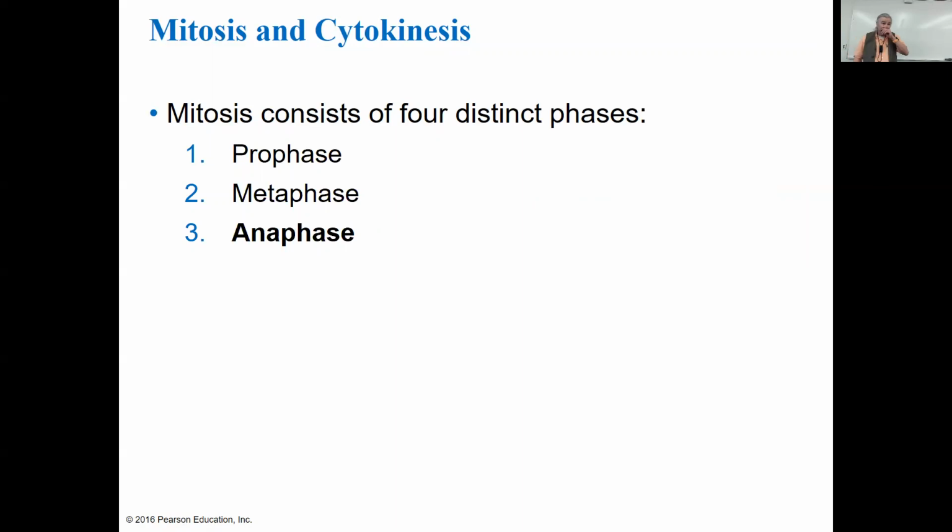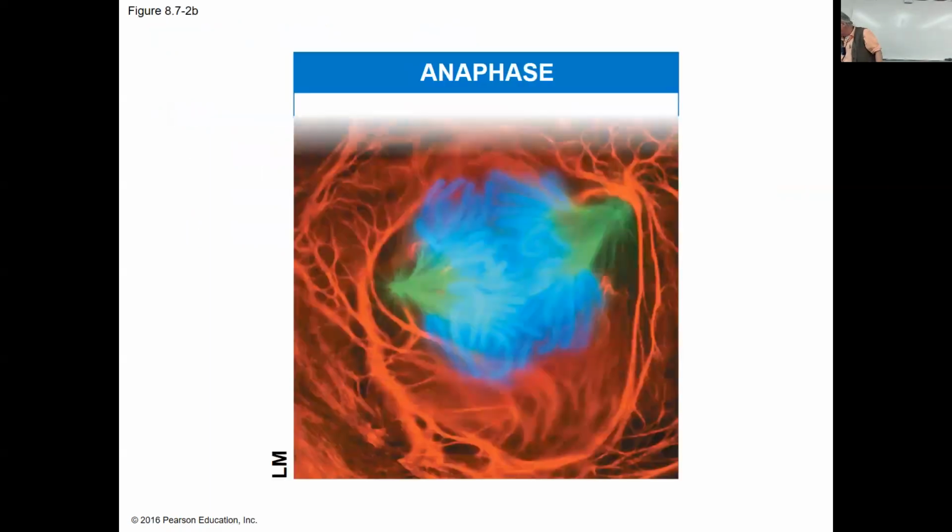Then the centromere splits, and the spindle fibers are like stretched elastic bands, and they pull apart the sister chromatids. And then you have two lines of chromosomes. And now these chromosomes are single chromosomes. They're no longer replicated. They used to be sister chromatids, and now they're single chromosomes in their own right.